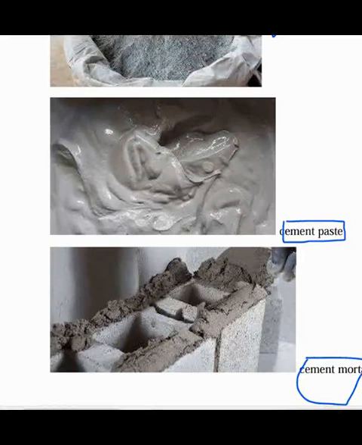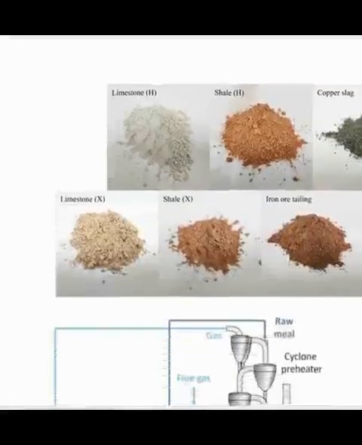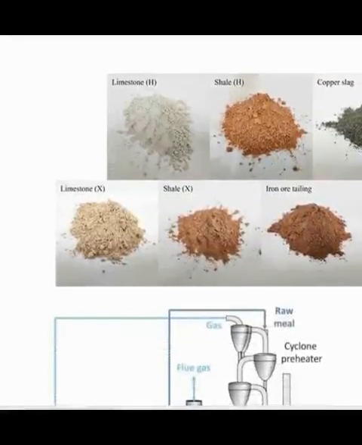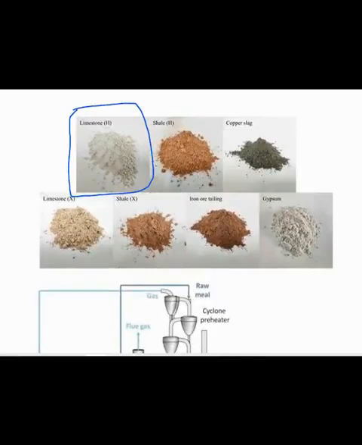To make cement in factories, we mainly use the material called limestone, which is the source of calcium. We also use clay or shale, a source of silica and alumina, and small correction materials like iron or sand if needed.